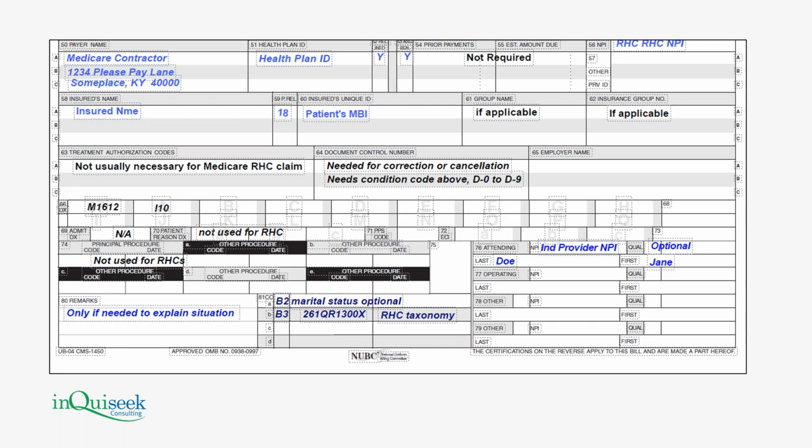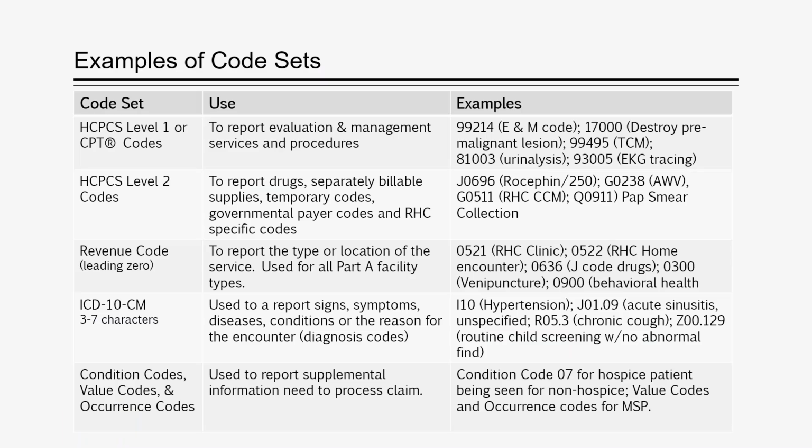So again, if you're getting a system configured for RHC billing and you have questions about how that configuration needs to be set up, we certainly would share those documents with you. Okay, and we all know that we have different types of code sets.